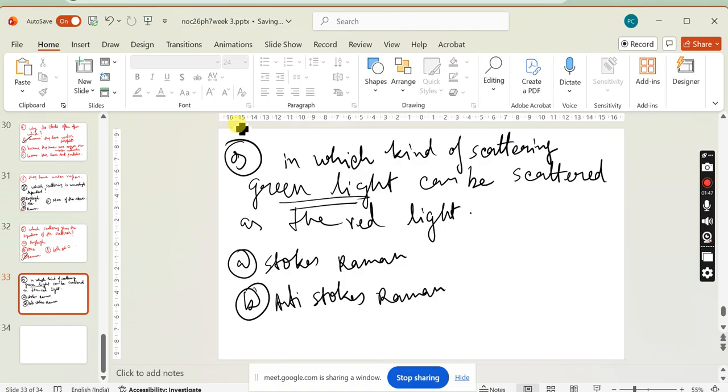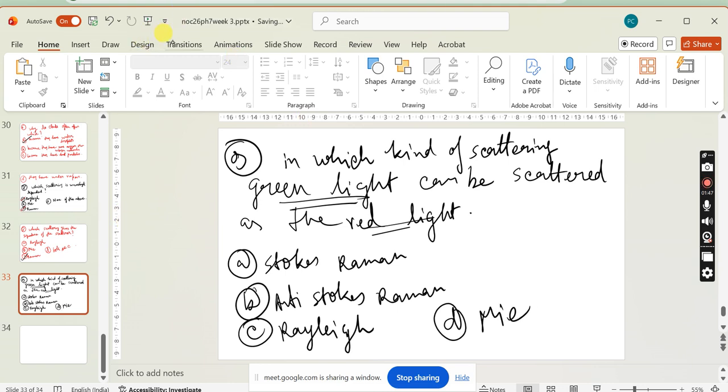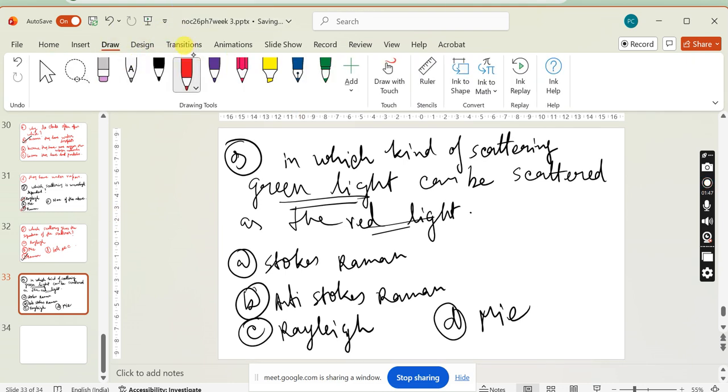Green light wavelength is less than red light, so red light wavelength is more, so its energy is less. Basically, the photon is losing its energy, so it happens in Stokes Raman. Rayleigh, and D is Mie scattering. So the answer would be Stokes Raman.